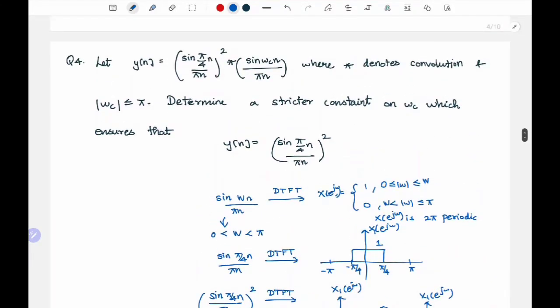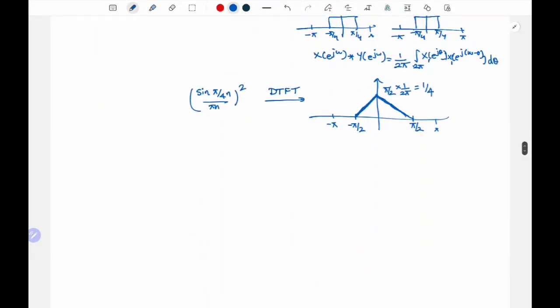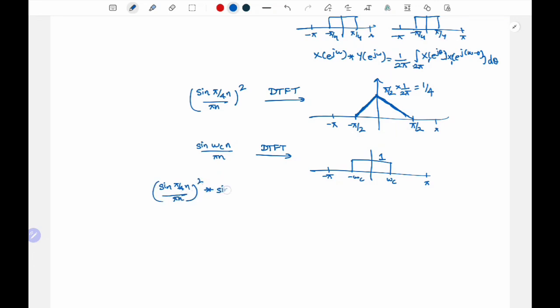So now if I convolve this with sin(omega c n) by pi n, your sin(omega c n) by pi n is going to have a DTFT of this thing, 1 between minus omega c and omega c, within minus pi and pi. And somehow, if I have the convolution of them, my DTFT will be the product of their DTFTs.